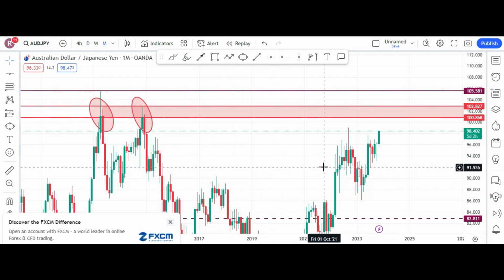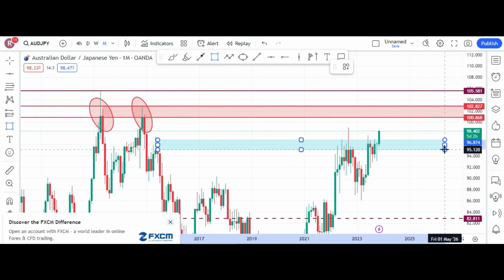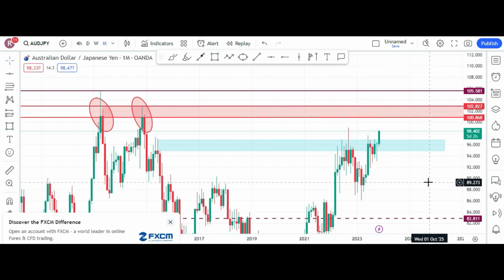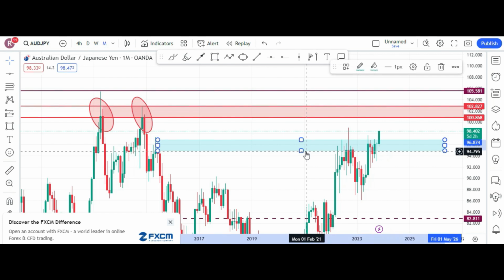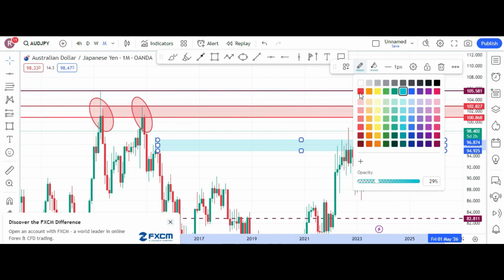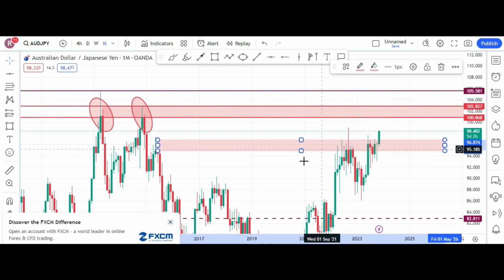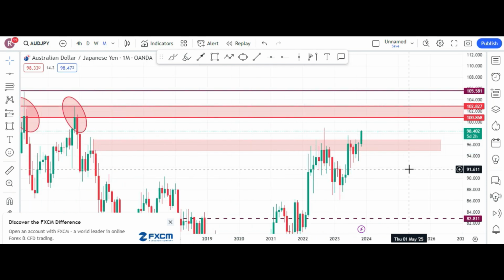So actually it is not a double top, it has formed a triple top. Let me draw it so you guys can see. This is the monthly time frame. Let me draw this. So make it red again. For monthly we use the red color because it's a very significant thing.